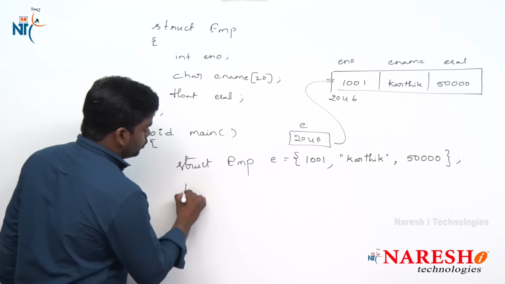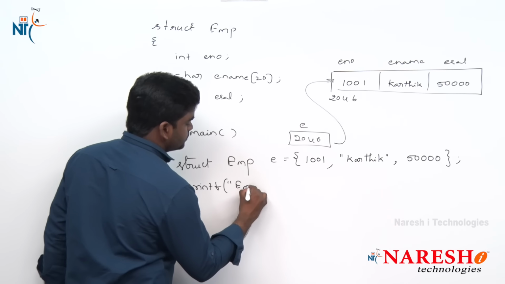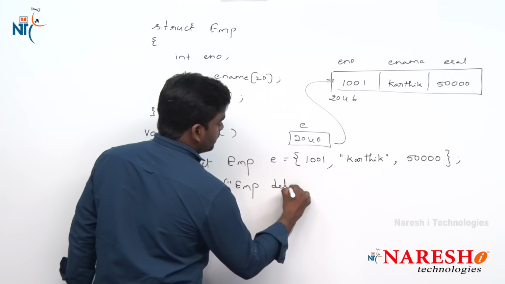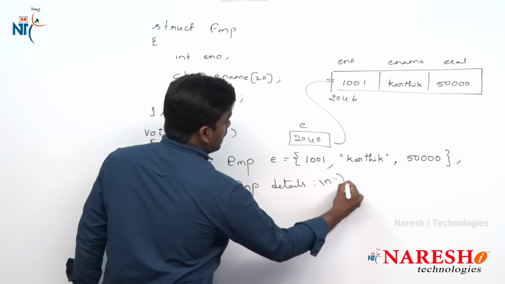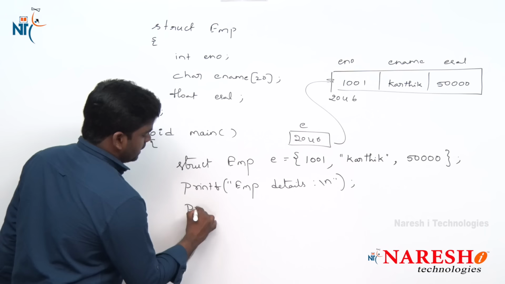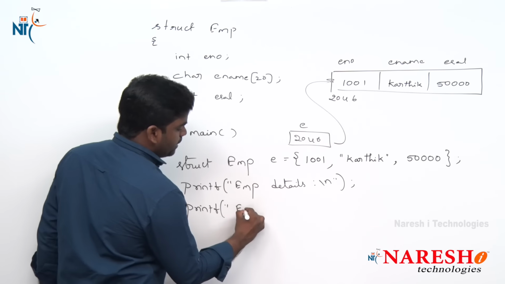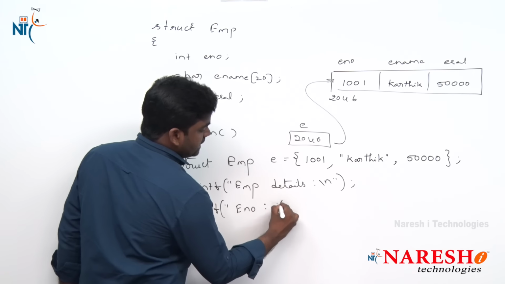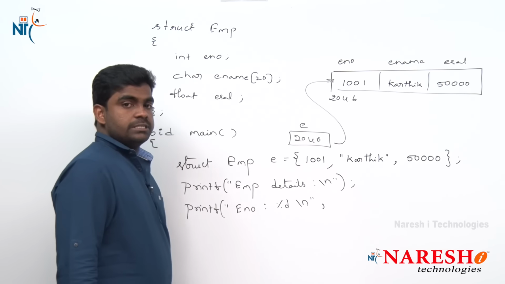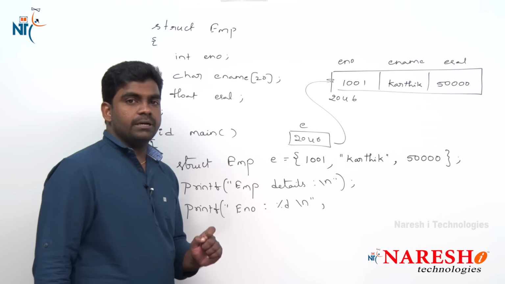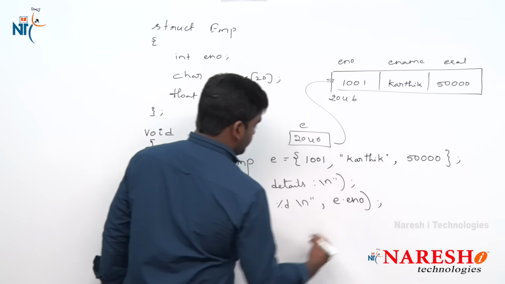And next one, here is how to print. printf employee details, we are printing a message very clearly, employee details, and in the next line printf, one by one you can print. Suppose employee number is an integer type, how to access it, using the accessor, that is nothing but the dot operator, e dot employee number.